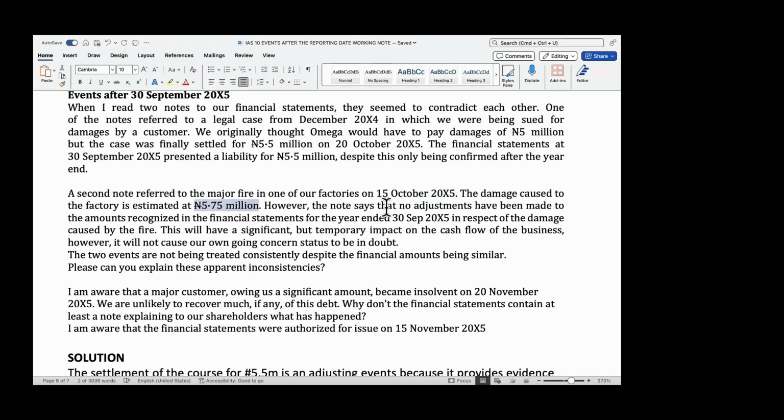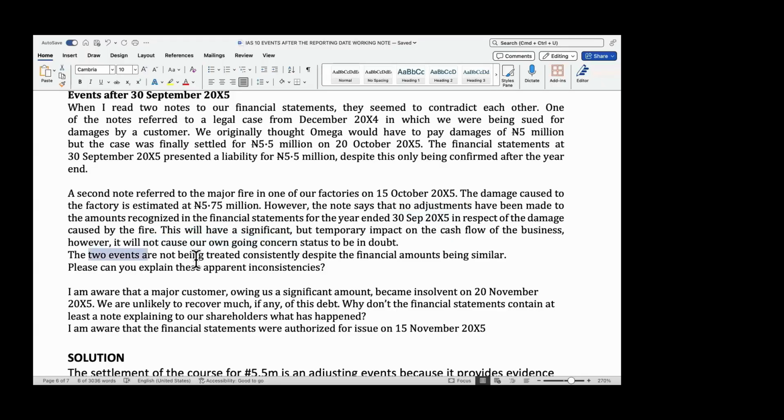And the guy now saw that they did not adjust the previous year's financial statements ending in September 2005 in respect of that damage. The guy is now saying that this amount will cause a significant cash flow impact on the business, even though it will not affect their going concern, but it will affect cash flows.